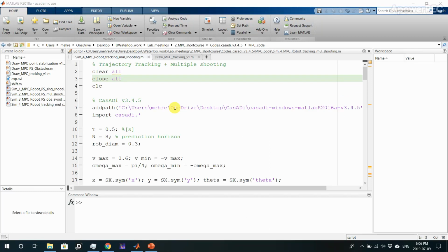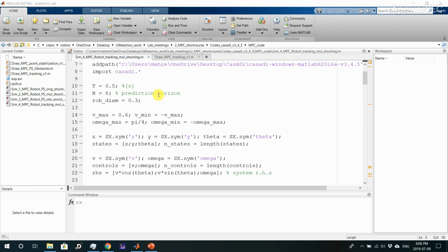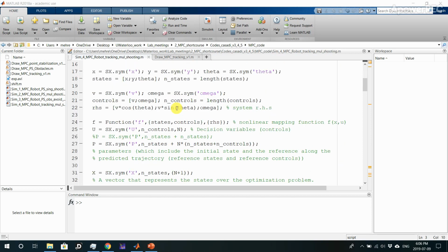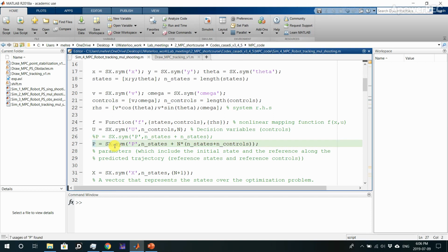So let's look at the Matlab implementation for the trajectory tracking problem. It turns out that we will use mostly the code we used for the point stabilization case, and we will have just a few changes to implement the trajectory tracking. The first change is with the definition of the vector p, where we previously had this vector of size n states plus n states.